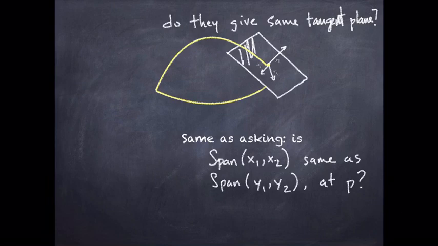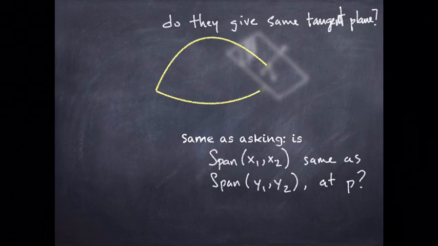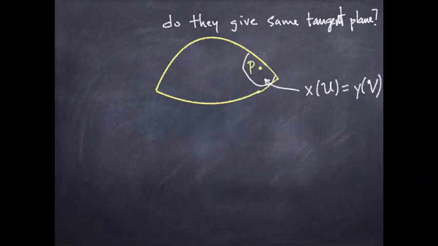Okay, and this involves thinking about the fact that the chart y is going to the same spot as the chart x. So chart y, we're going to suppose that it has a domain, some open set V in the plane.